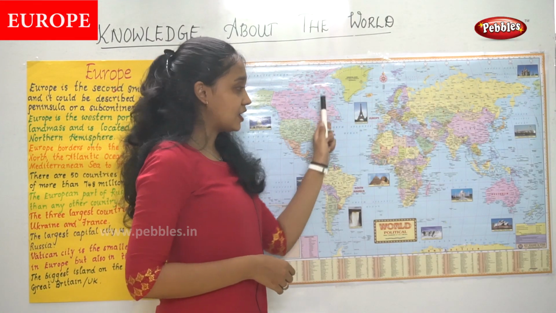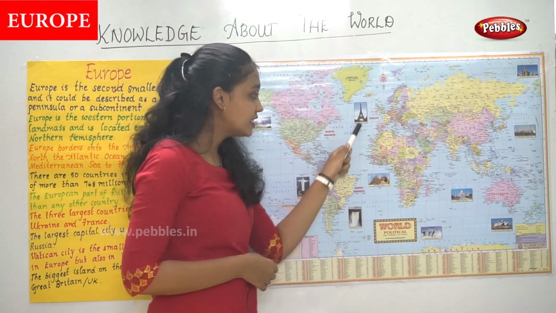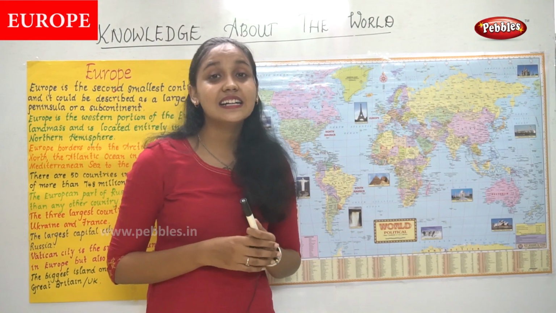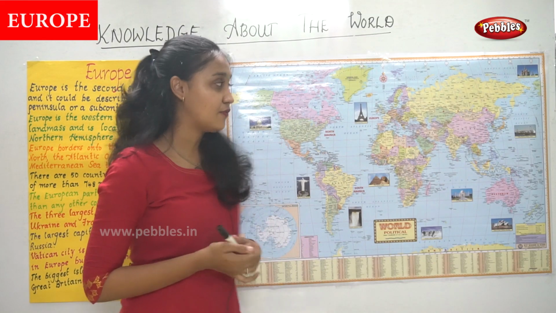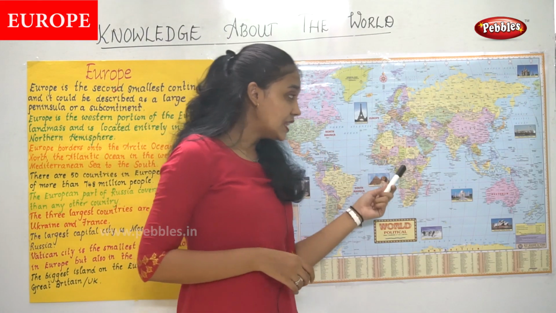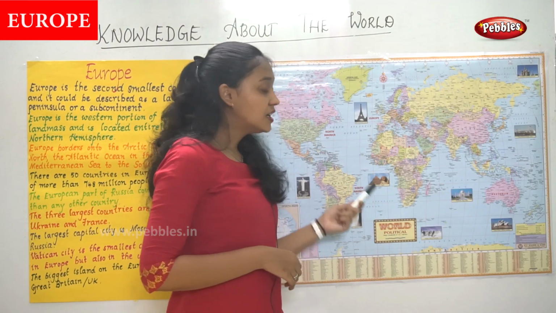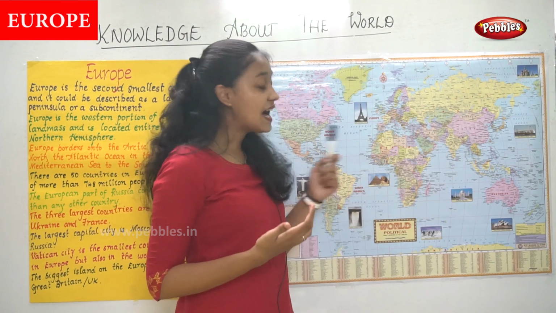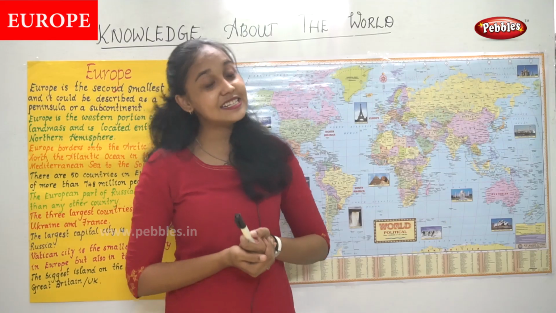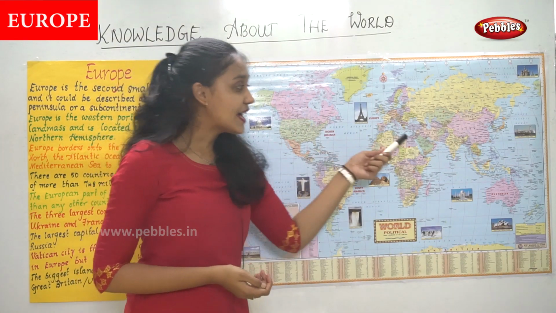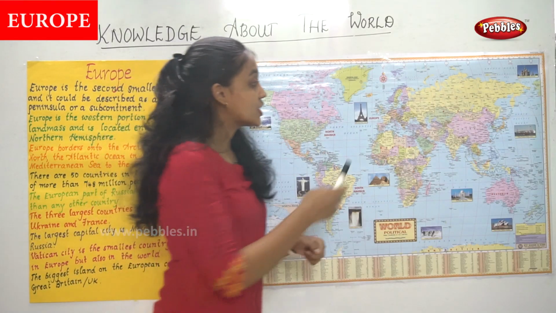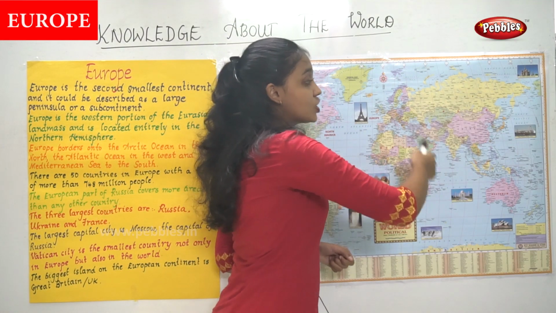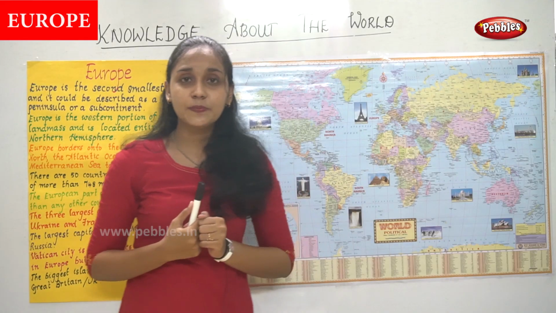On this side, on the west, we have the Atlantic Ocean, the North Atlantic Ocean to be more specific. Then in the south, we have the continent of Africa. We have already learnt about this continent. That continent lies below. To the east, you see, this is the continent of Asia.